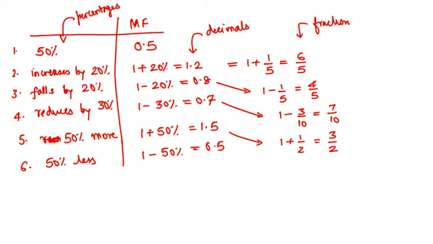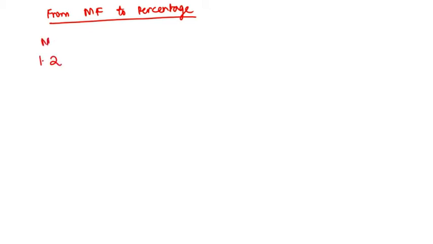These are known as multiplying factors. Now I am going to teach you reverse. So far, from percentage to multiplying factor. Now from multiplying factor to percentages. I am giving you a multiplying factor of 1.2.